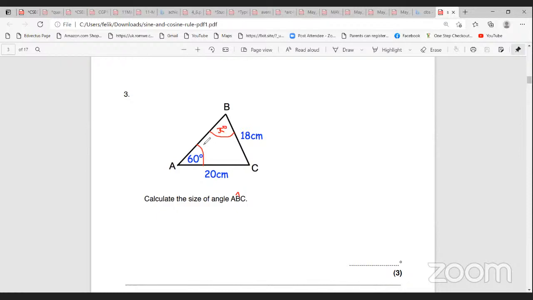No, it doesn't make a sandwich. So can we use cosine rule?